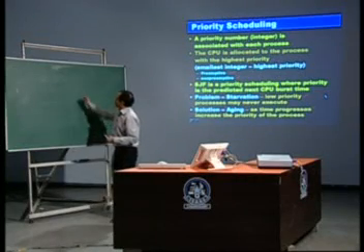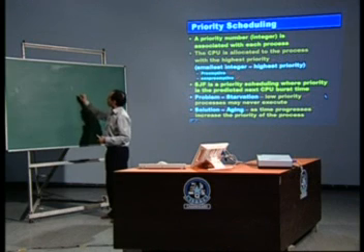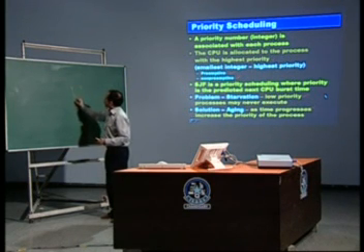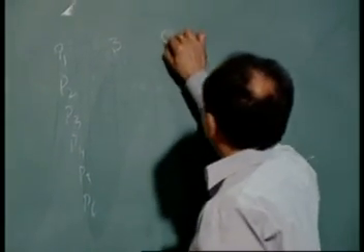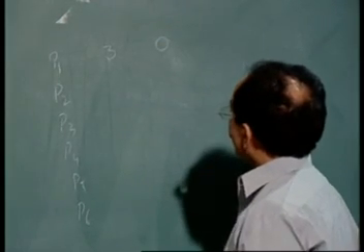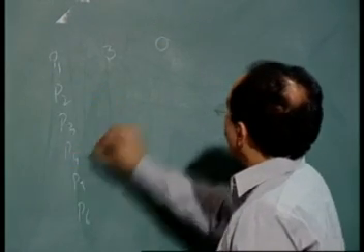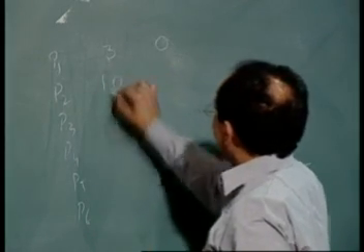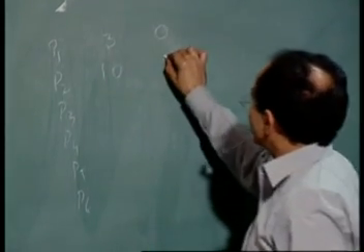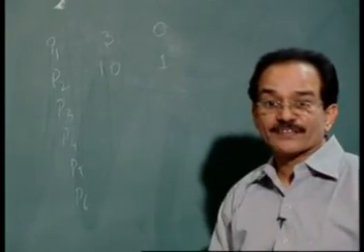Let us say I have this P1 job, which requires 3 units of time, then there is a P2 job, P3 job, P4 job, P5 job, P6 job, and let us say P1 arrives at time 0. Now, P2 is a job which requires, let us say, 10 units of time, and it came at the first unit.